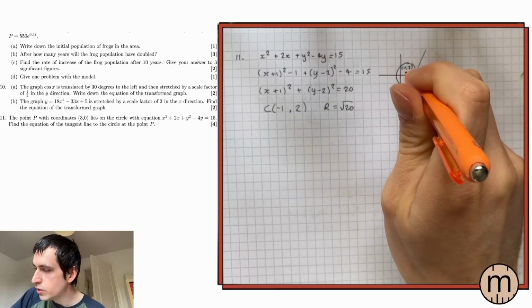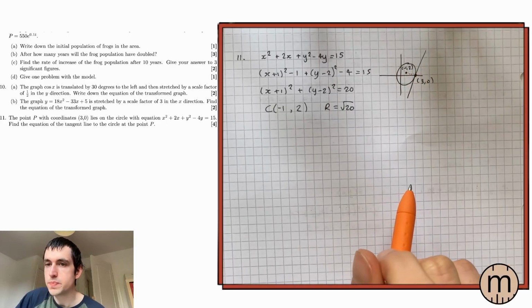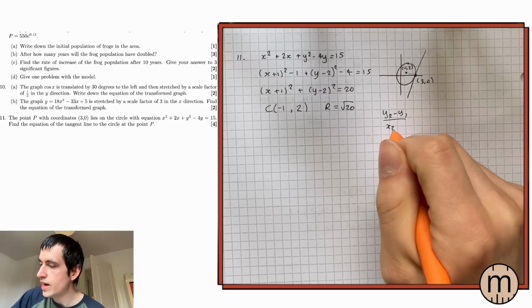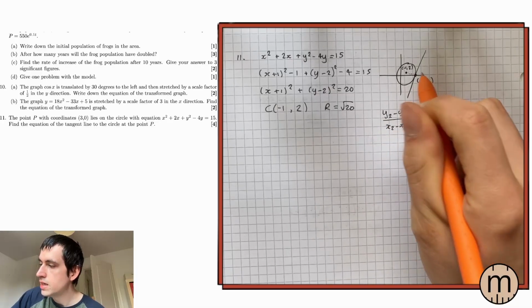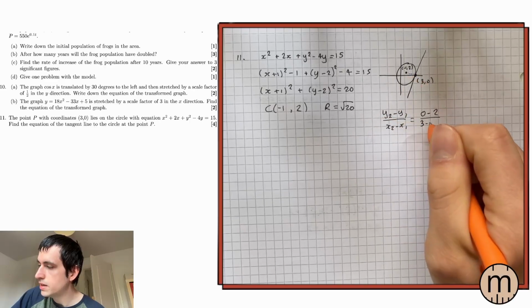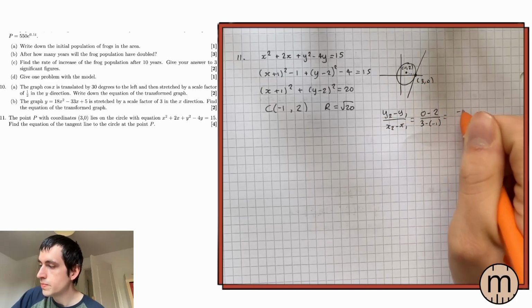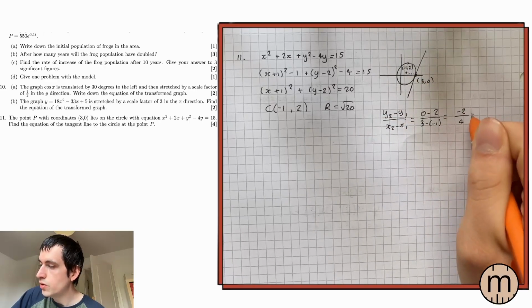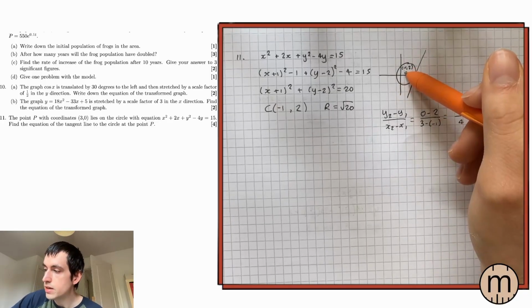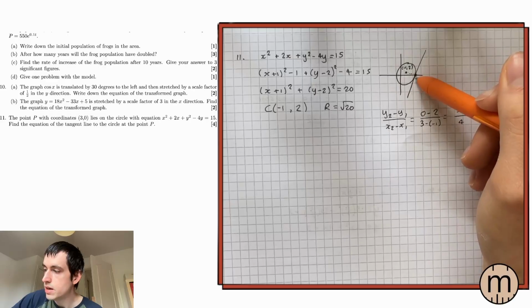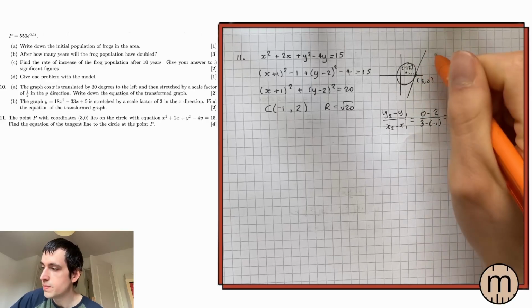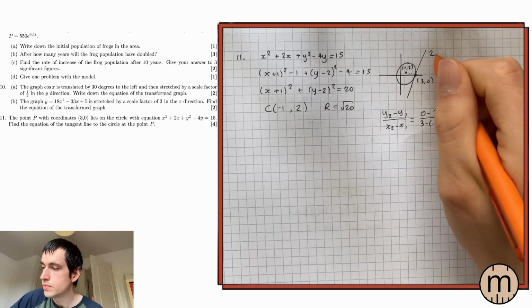We can find the gradient between these 2 points using our good old formula, y2 minus y1 over x2 minus x1. So 0 minus 2 over 3 minus 1. That'll be minus 2 over 4, or minus a half. That's the gradient between these 2 points here. That means the gradient of the tangent will be the negative reciprocal of that, which will be 2.